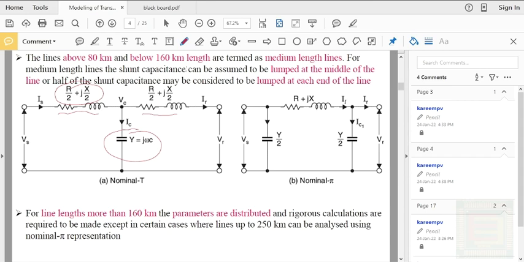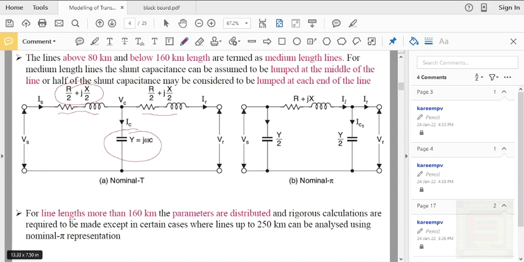And in case of a medium transmission line, we have to consider the line capacitance. And here also you can see that by considering these representations, we are introducing some errors, but up to these lengths, 80 to 160 kilometers, the error introduced compared with the actual distributed parameters will be lesser, or it will be acceptable.